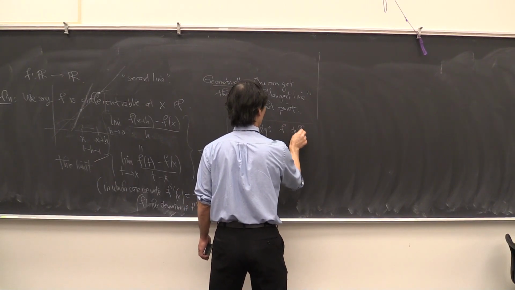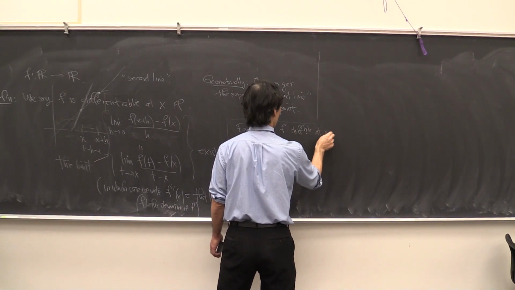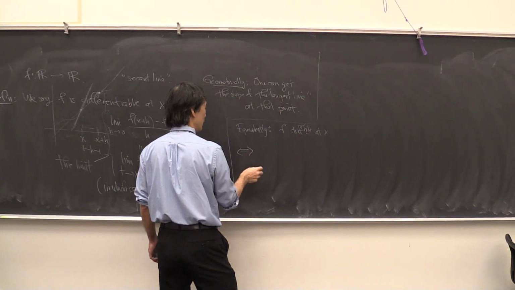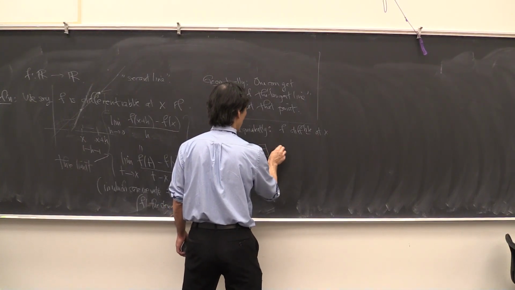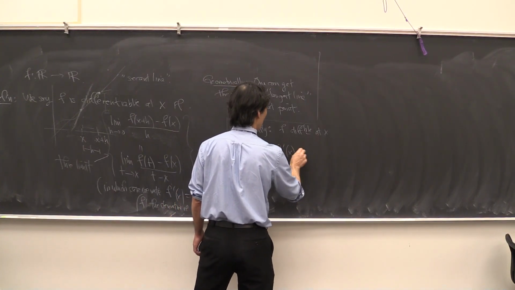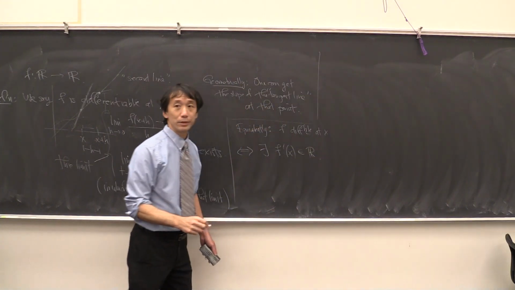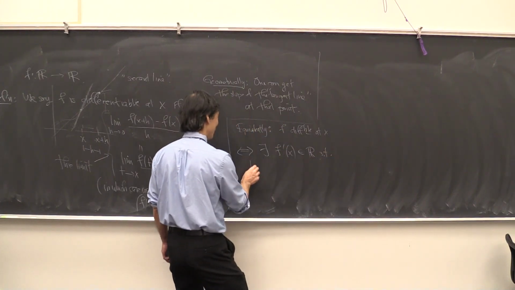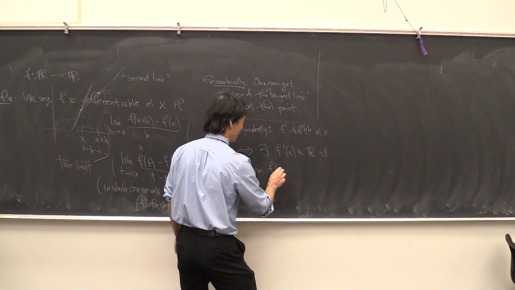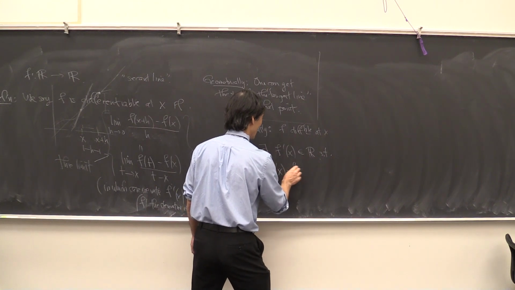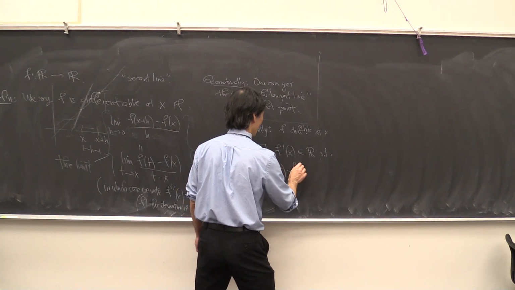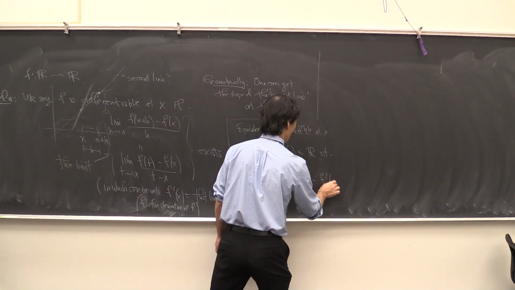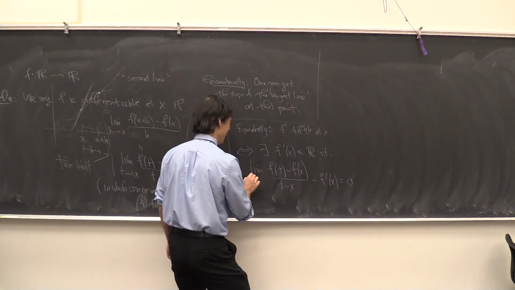f differentiable at x means the same thing as saying that there exists a number f prime of x such that f of t minus f of x over t minus x minus f prime of x equals 0 as t approaches x.